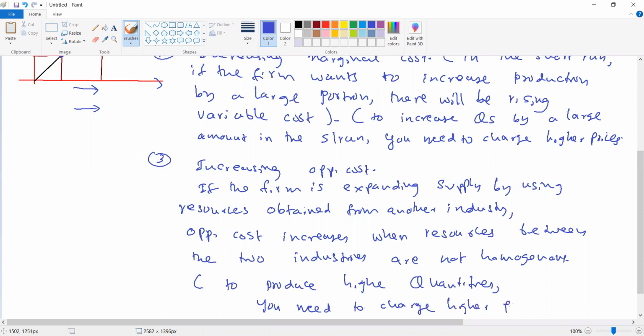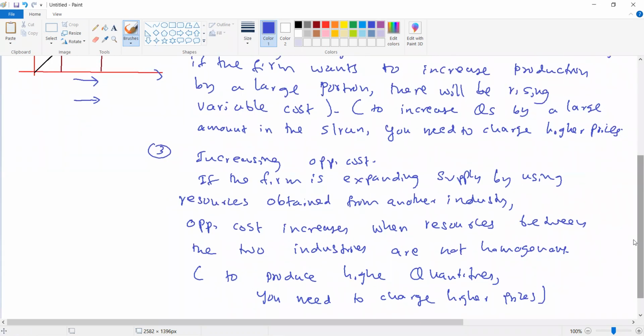Now you can see when the epidemic came, COVID-19 came, there was a sudden big demand for sanitizers and masks and all.